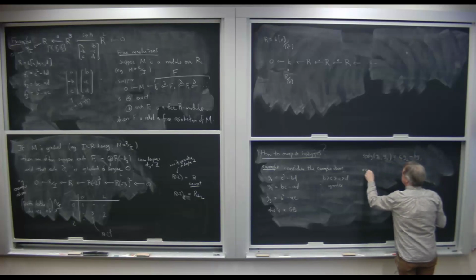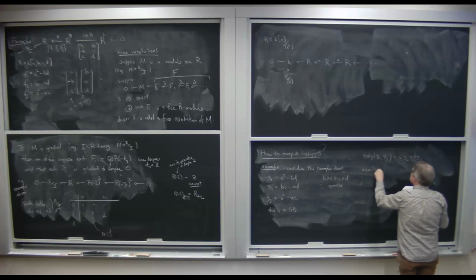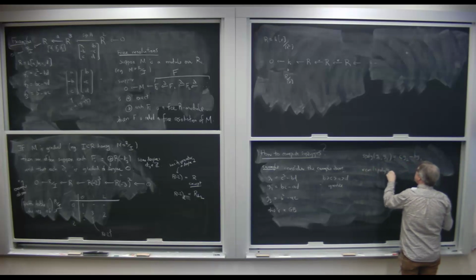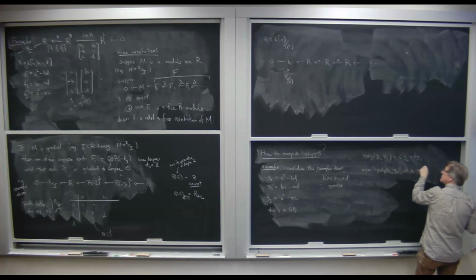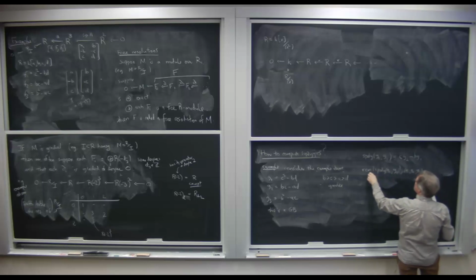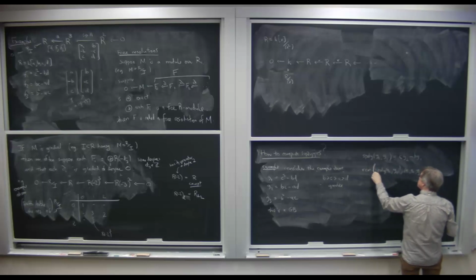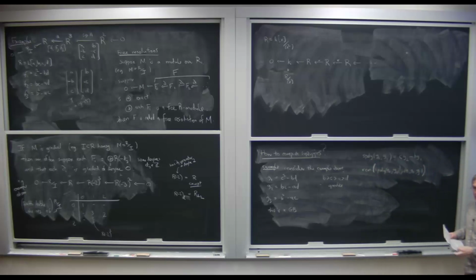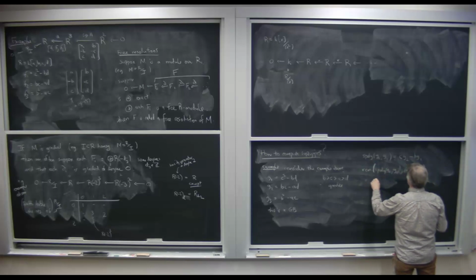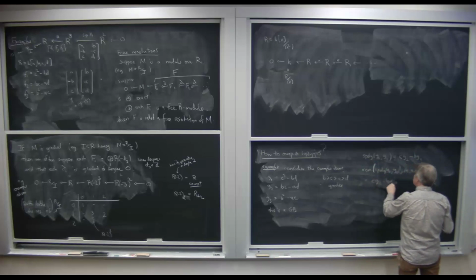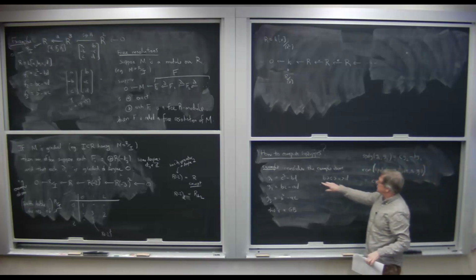So in fact, what is the remainder of S poly of G2, G1 with respect to G1, G2, G3, say? Remainder of the S poly. Now what is this? That's equal to C times G2 minus B times G1. What is C times G2?